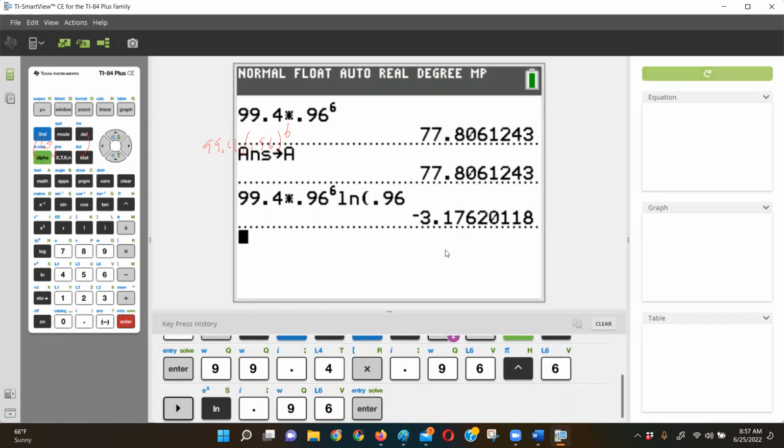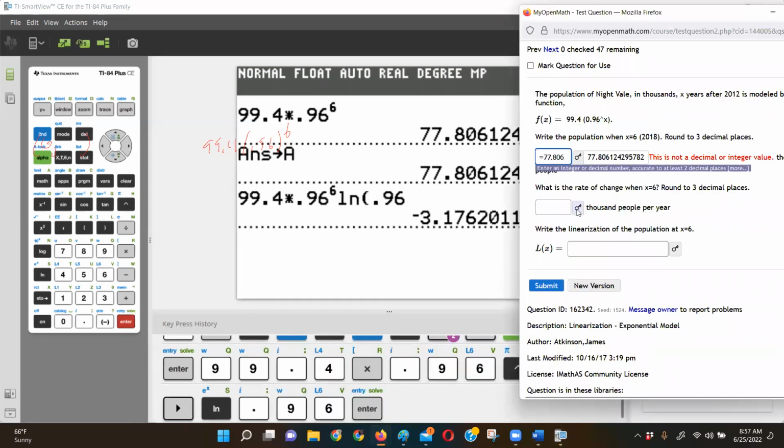So that's my slope. Let's see what my OpenMath says. Yep, good. See, that agrees. Now for the linearization, this is where you've got to remember, we're finding the equation of the tangent line at x equals 6. I always just think of this as the point-slope form.